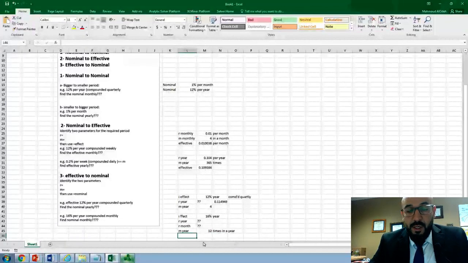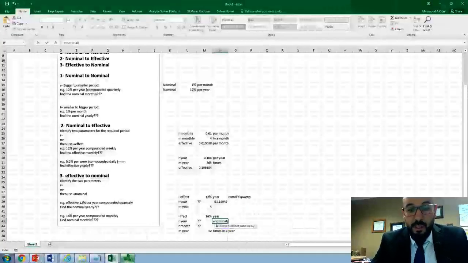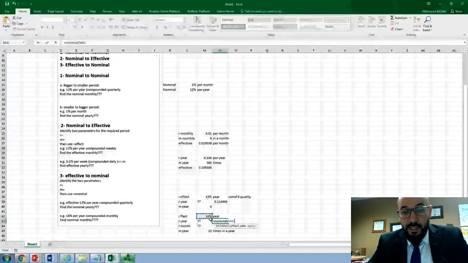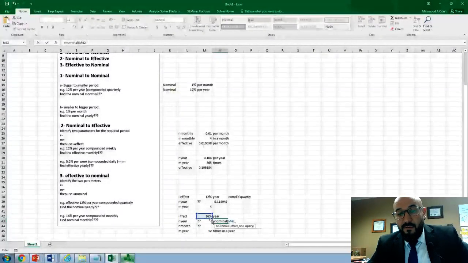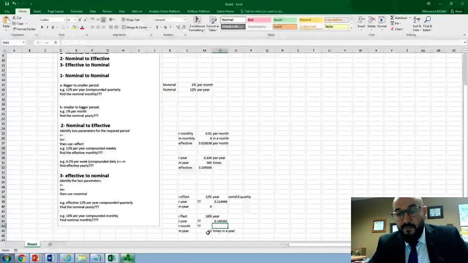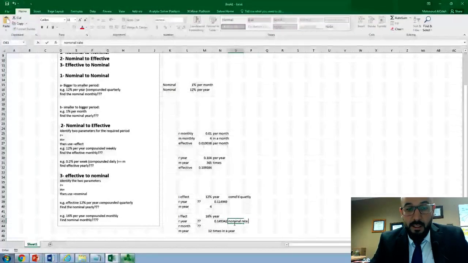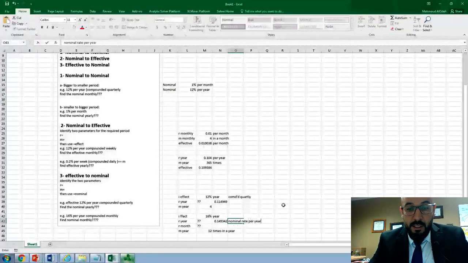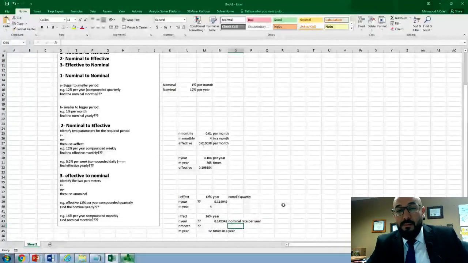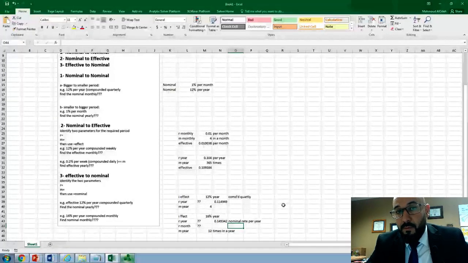So what is the R, the nominal per year? That would be equivalent to nominal. The effective interest rate is 16%. How often? 12 times a year. So the nominal rate per year is equal to 14.93%. All right, now we know the nominal per year.